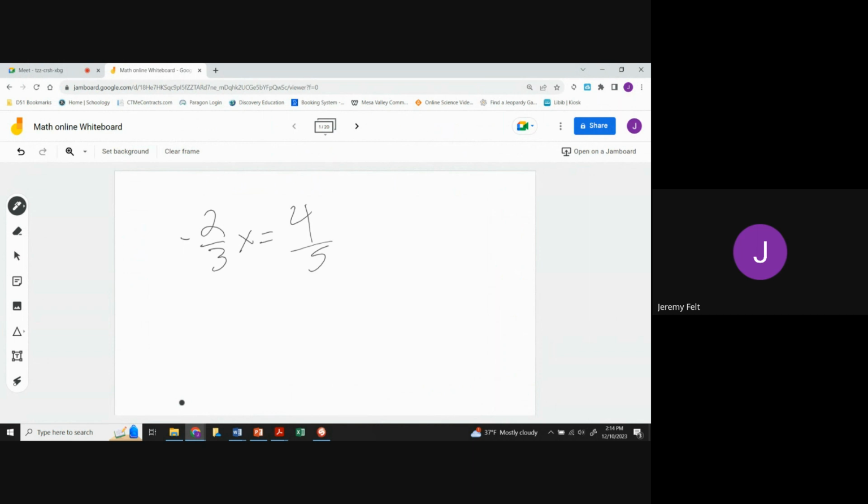I'm going to divide by any number divided by itself, even a negative fraction, is still 1, but when I'm dividing a fraction by a fraction, that's the same as multiplying by the reciprocal. So, if you have the negative sign in the numerator or denominator, it's still the same thing.